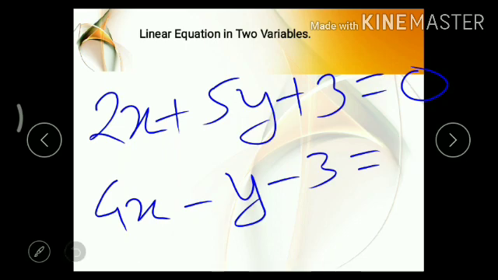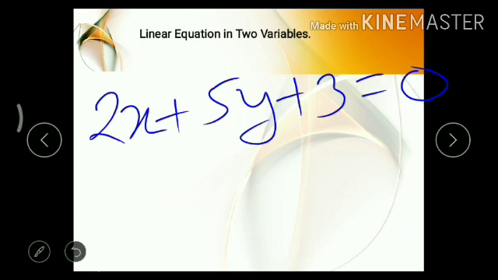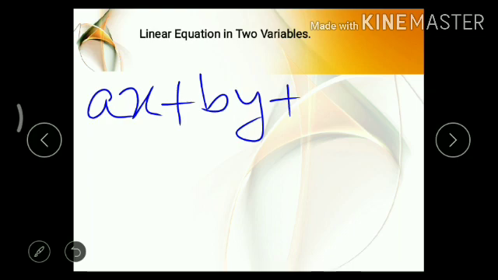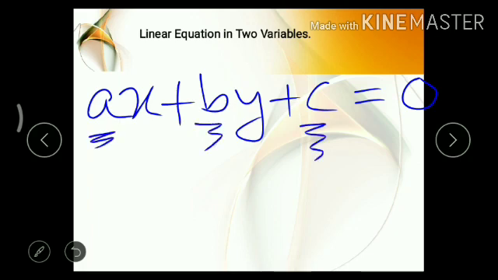So here, after looking at these two examples, we can say that the general equation of a linear equation is ax + by + c = 0. Here a, b and c, these three are representing real numbers.